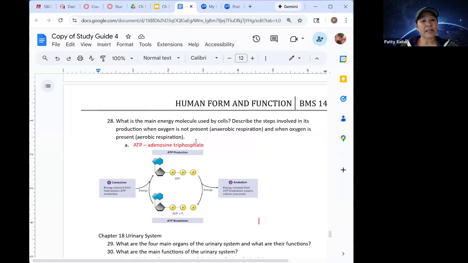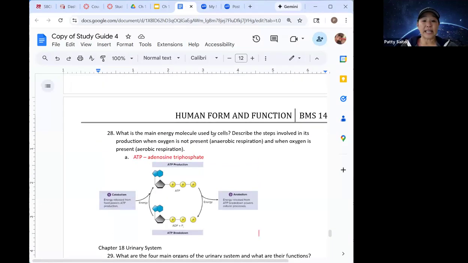So now the rest of this question is asking how we make this ATP. This is called cellular respiration. I'm going to go through the process and then draw a few things here.